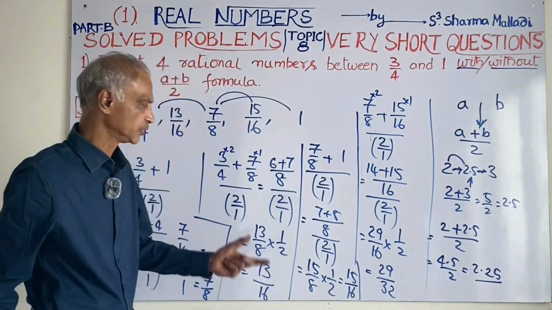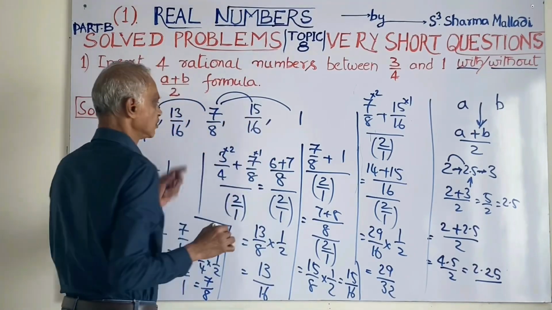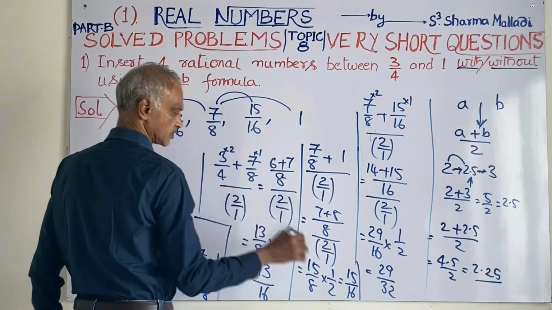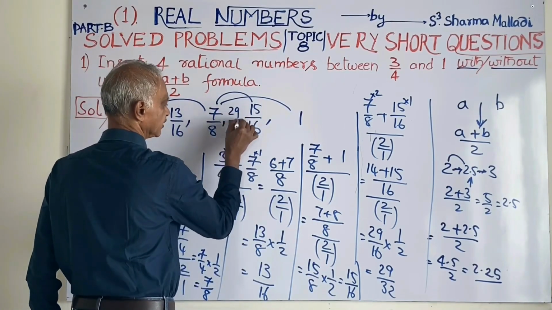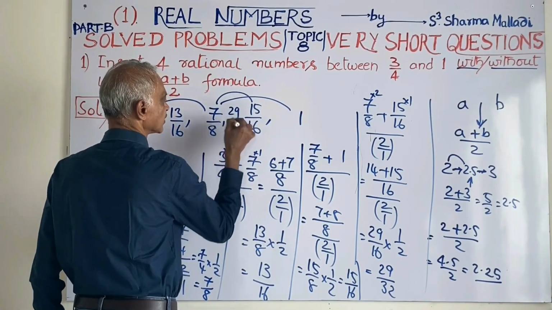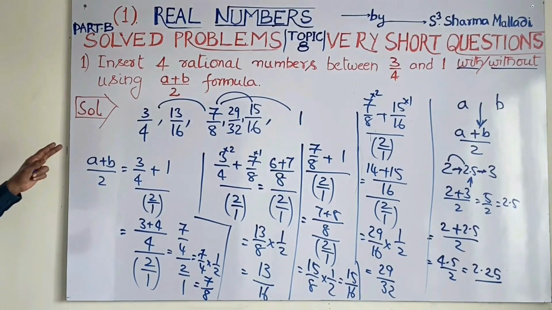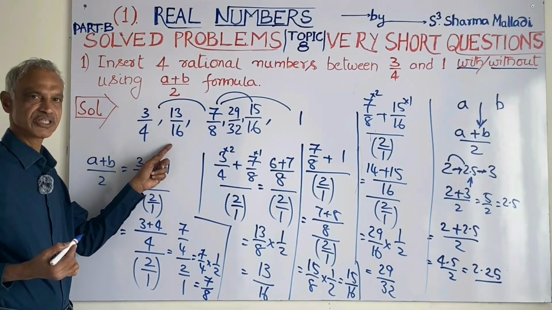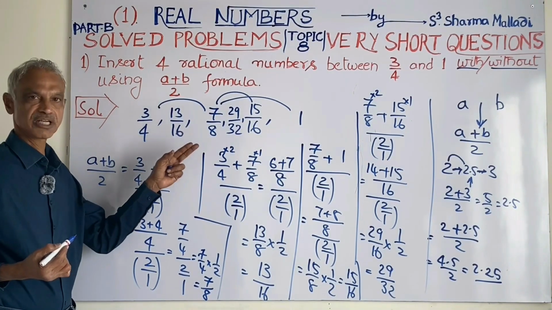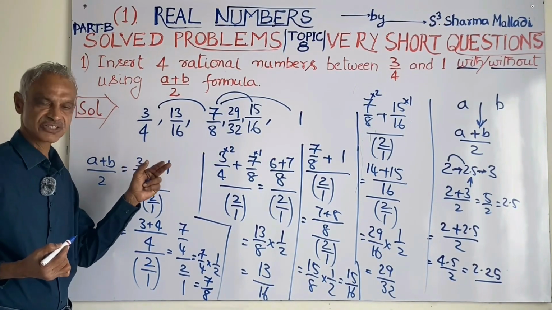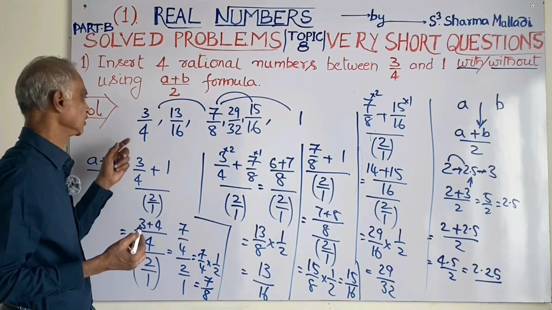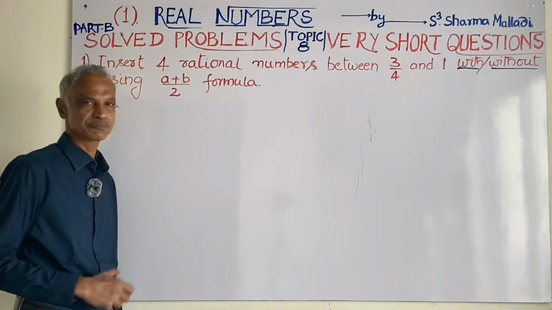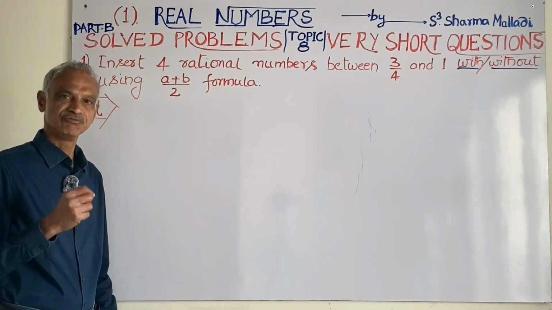The rational number between 7 by 8 and 15 by 16 is 29 by 32. I have inserted 4 rational numbers between 3 by 4 and 1: 13 by 16, 7 by 8, 29 by 32 and 15 by 16.